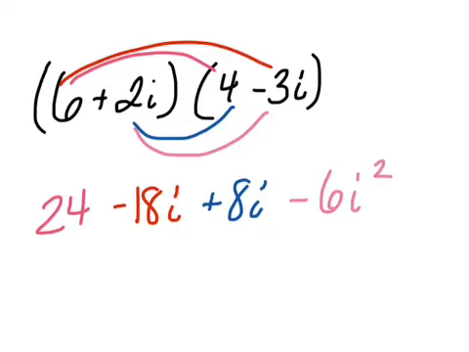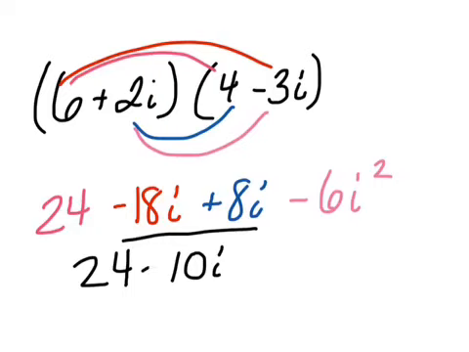Now the first thing we're going to want to do is combine our like terms. Negative 18i plus 8i is negative 10i. Now here's where we have to add some of the stuff that we talked about with the imaginary number system in the last lesson. i squared can be simplified separately from everything else. So if you remember from the last lesson, i squared is actually negative 1.